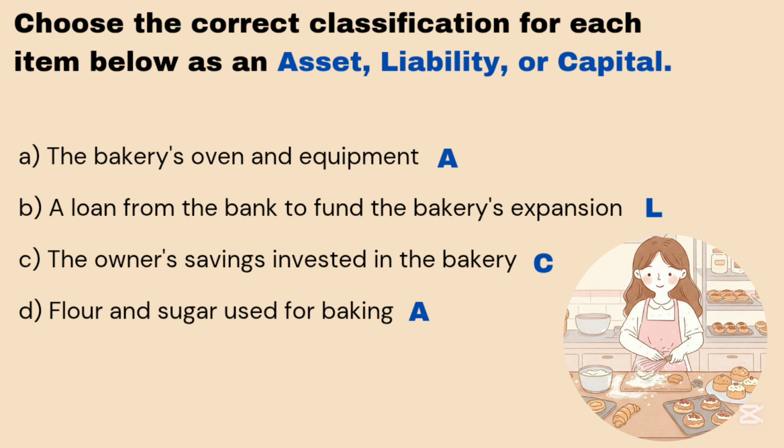Choose the correct classification for each item below as an asset, liability, or capital. This question is pretty straightforward and tests your knowledge on assets, liabilities, and capital, and if you can identify them. I covered the definitions at the start of the video so you can review them if needed.